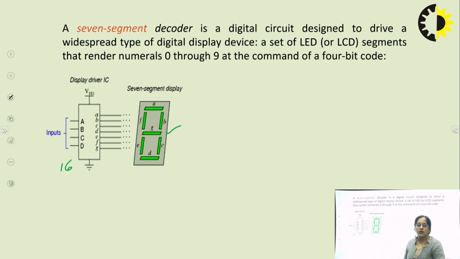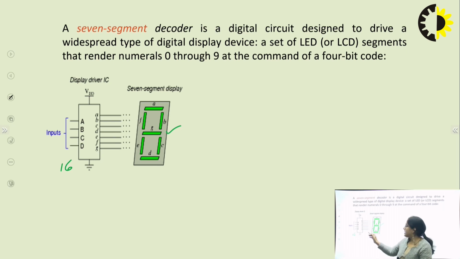But the valid or important combinations are only 10. For the remaining combinations from 10 to 15, we are going to make them don't care in the truth table. So here A, B, C, D, E, F, G, 7 are the outcomes of the 7-segment decoder.